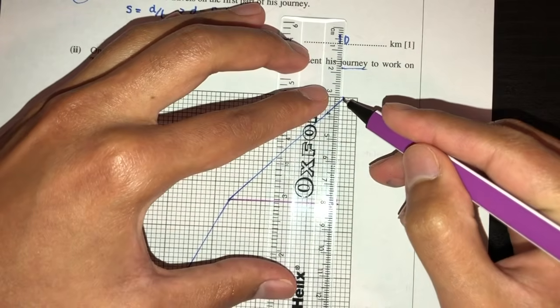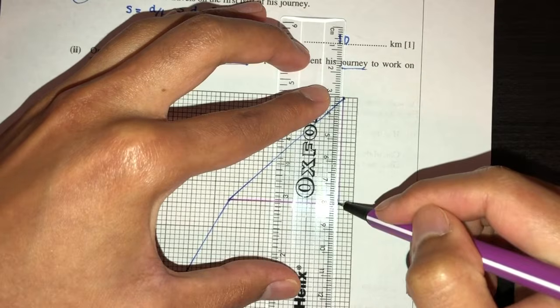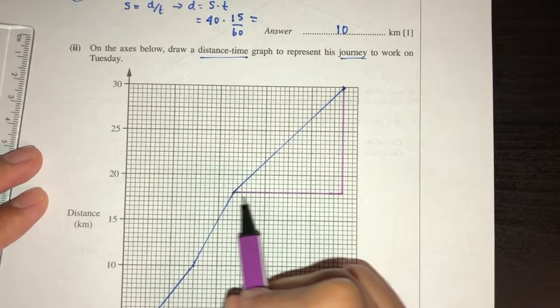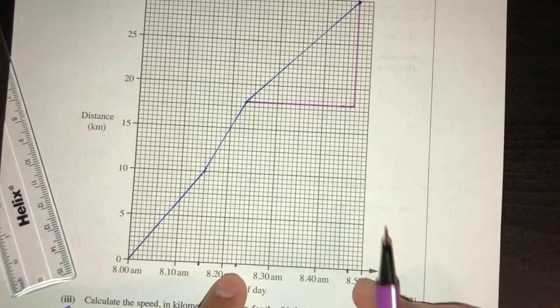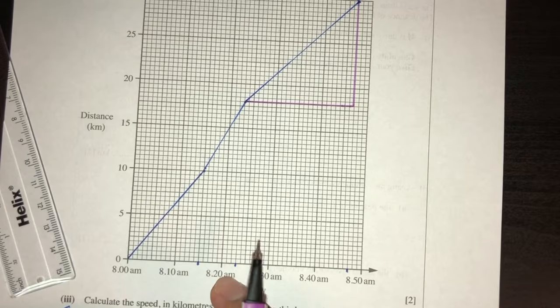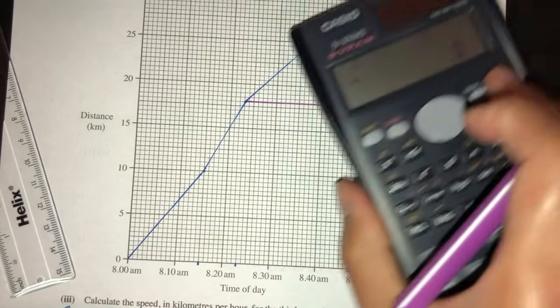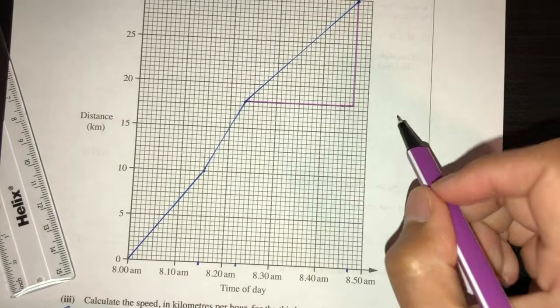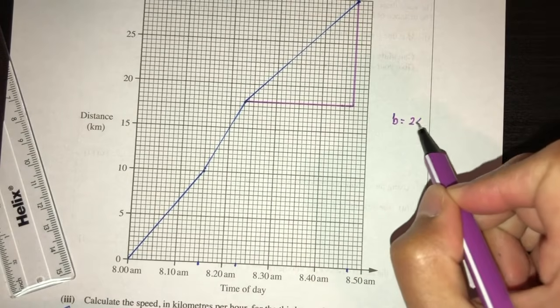So that is a triangle. What is this length of time? It is from this time to this time, from 8:23 to 8:47. So 47 minus 23 is 24 minutes. So the base is 24 minutes.